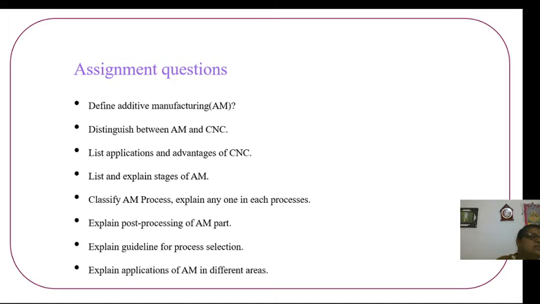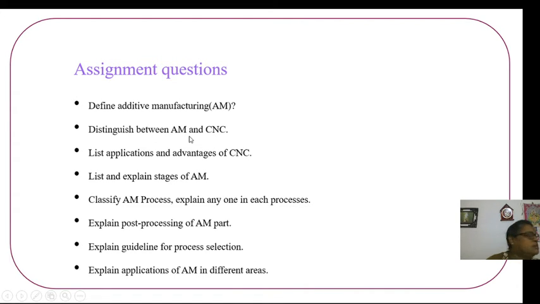So in other words, additive manufacturing, also known as 3D printing, rapid prototyping or freeform fabrication, is the process of joining materials to make objects from 3D model data, usually layer upon layer, as opposed to subtractive manufacturing methodologies such as machining, forming, etc. This is one definition of additive manufacturing.